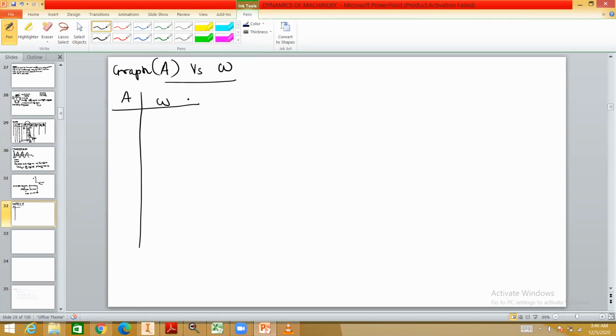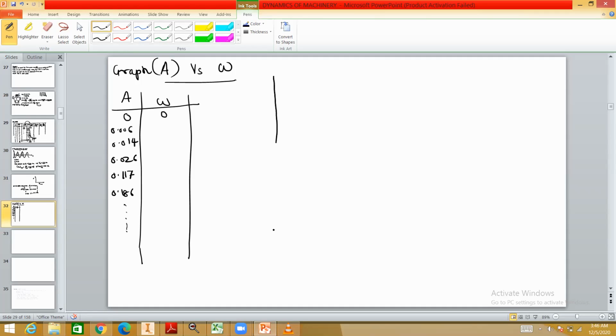and omega. So initially omega is 0, then gradually increase the omega, and the A value will be 0 when omega is 0. So it will increase. The first value you have got is 0.006, then 0.014, then 0.026, 0.117, 0.186, and so on.